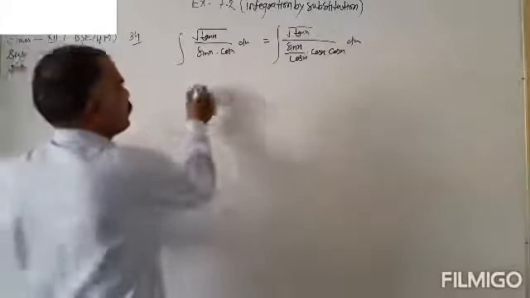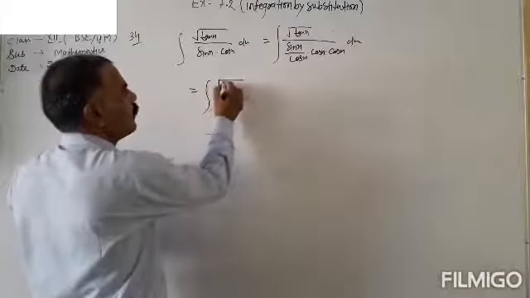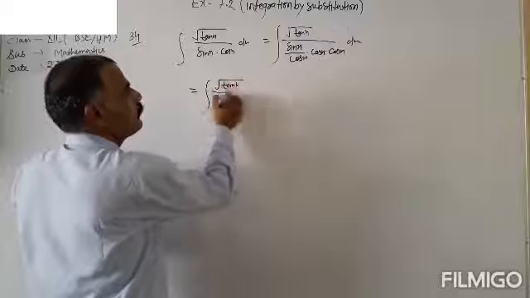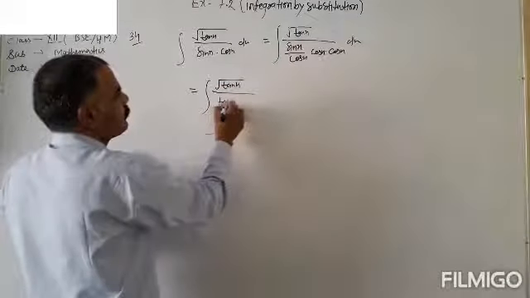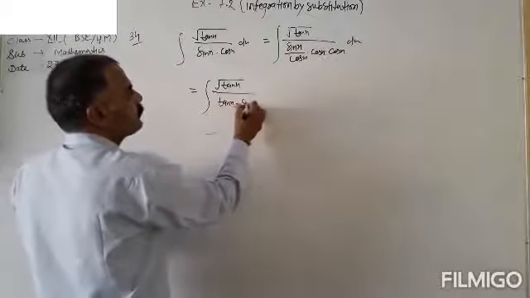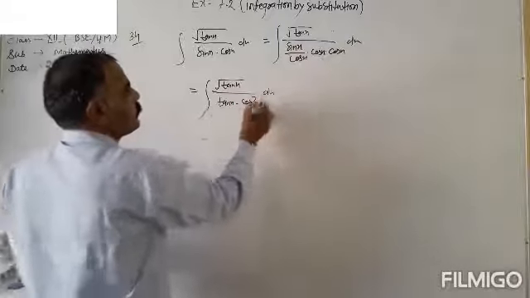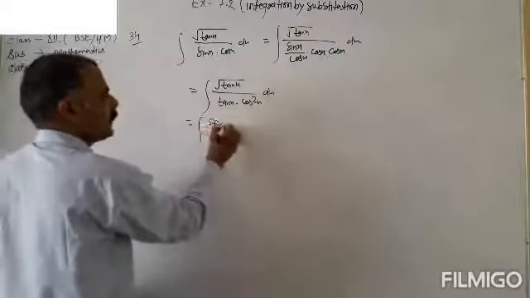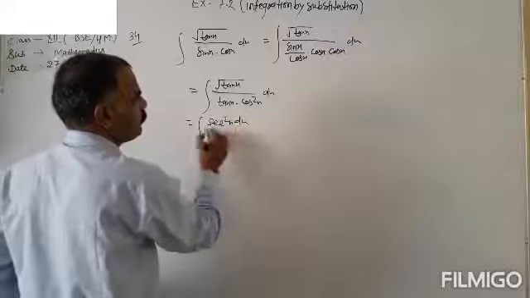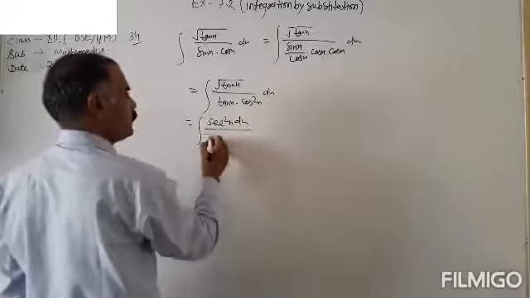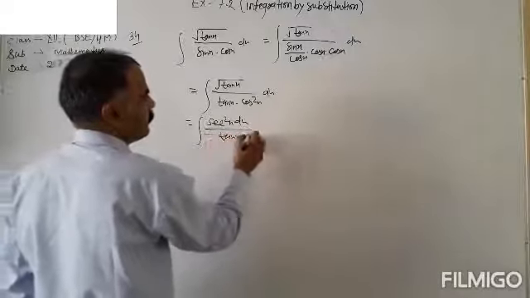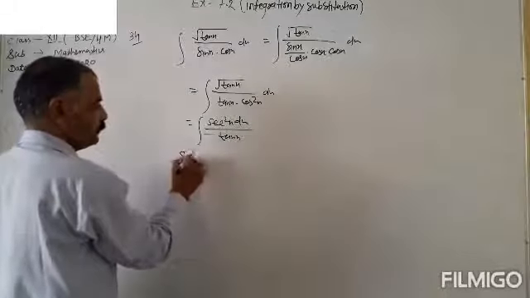So this will become root tan x upon tan x into cos square x dx. So this is equal to sec square x dx upon tan x.